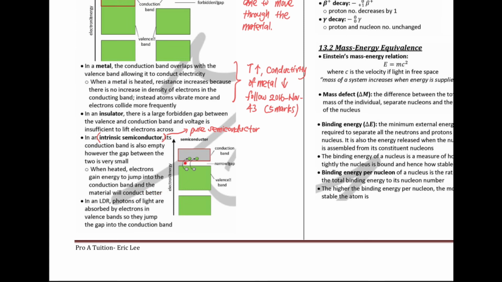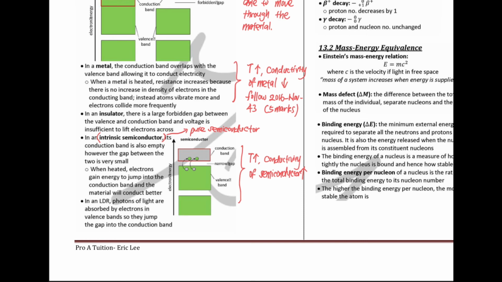So heat, then jump here, and conduct electricity. So this is different from metal. When the temperature increases, conductivity of semiconductor increases. So this is different.